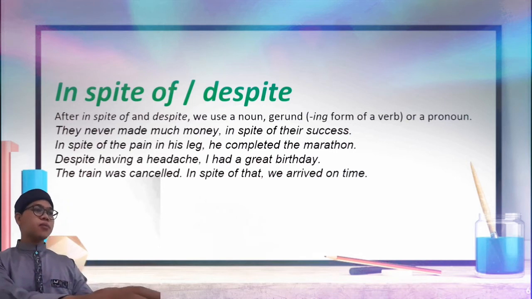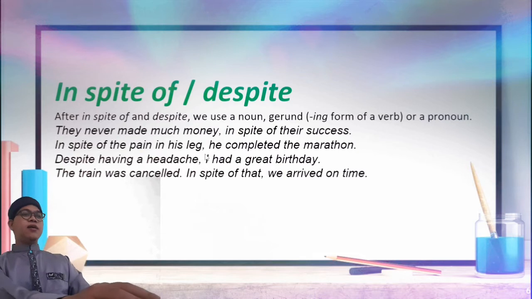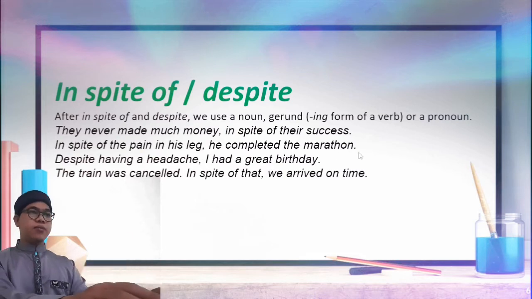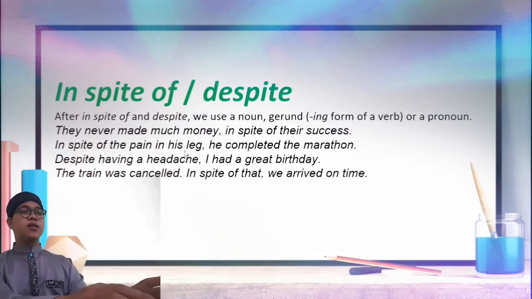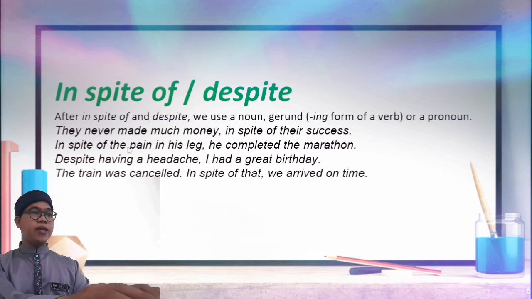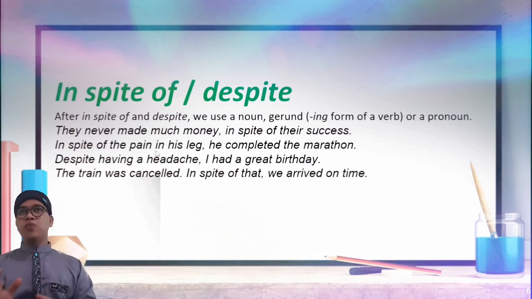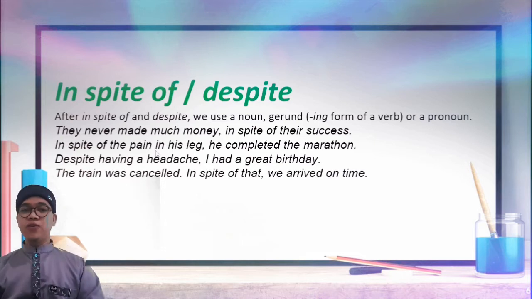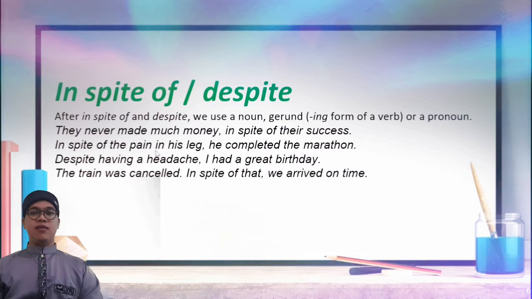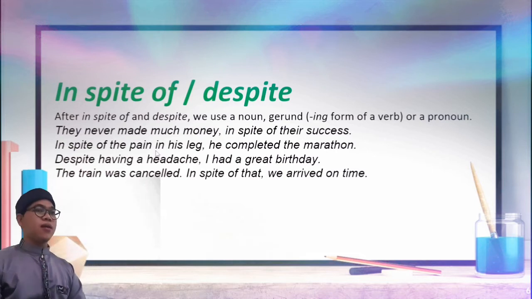Next, in spite of the pain in his leg, he completed the marathon. The pain is a noun. So in spite of and despite are always followed by a noun, pronoun, or verb-ing.